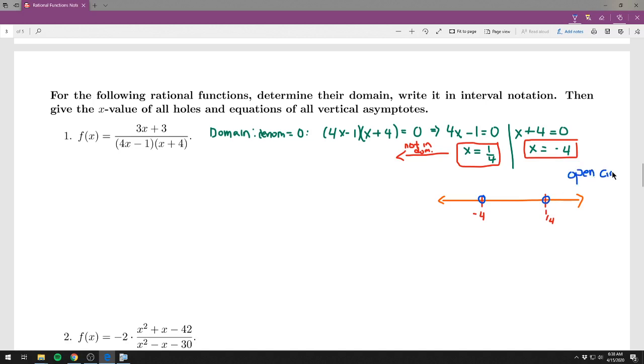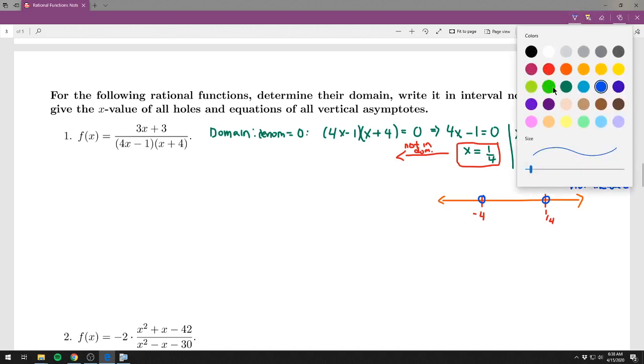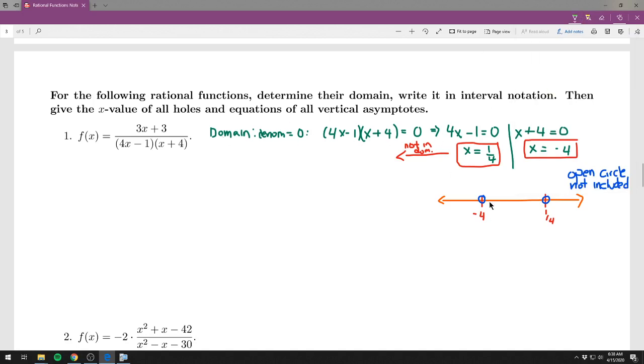At least one of the ways you do it, I know many people do it different ways, is to say I'm not going to include a number by making an open circle on the number. But we do include everything else, right? We're only throwing away these two numbers. We want to include everything to the left of it, everything in between, and everything to the right.